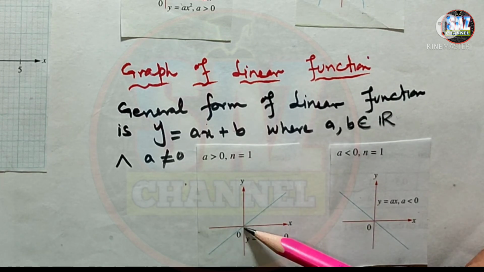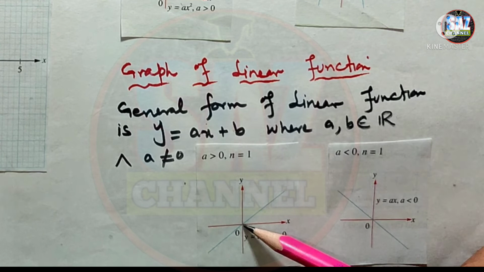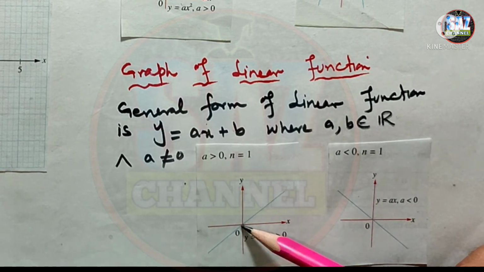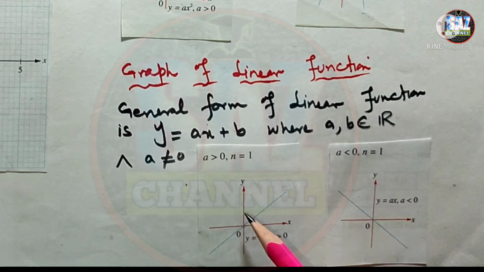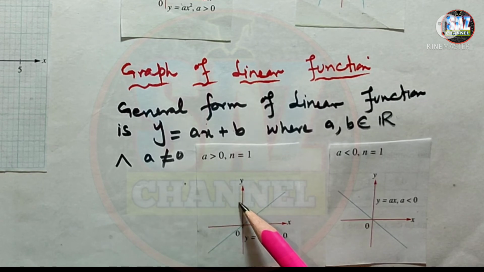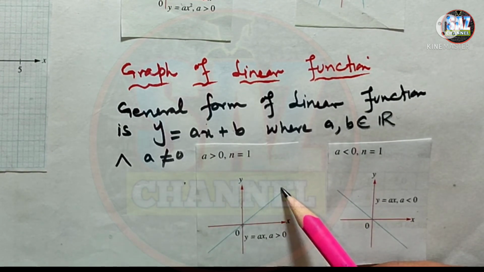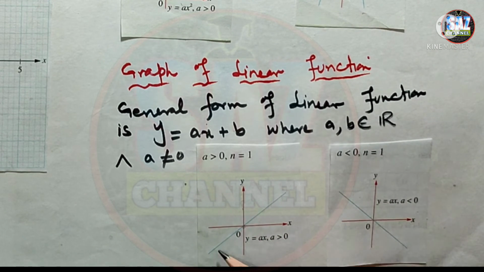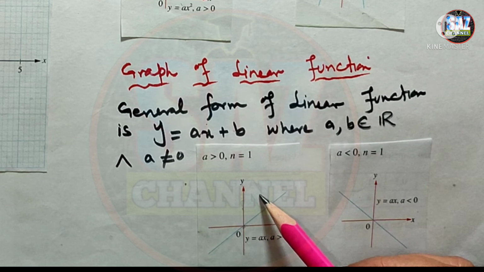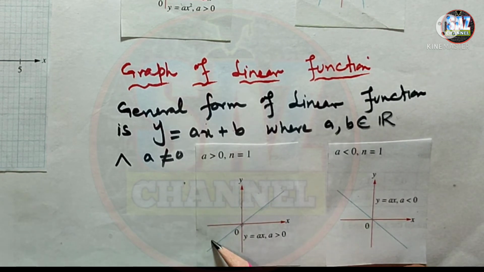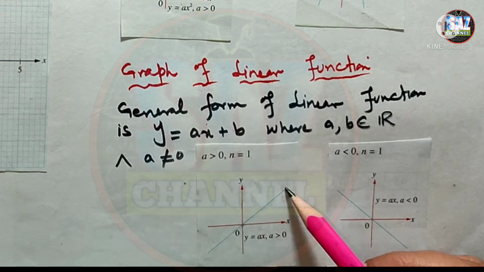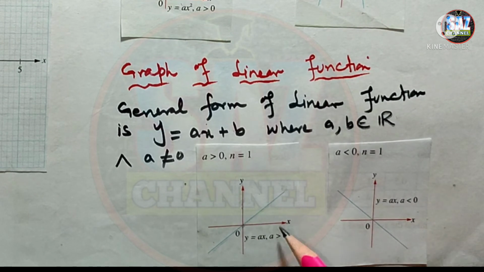Here in this diagram, your line is passing through the origin, and as the line is passing through the origin, this graph is not meeting any point on the y-axis, so it will have no y-intercept, no c. And let's talk about the gradient of such lines which are in the first and third quadrant: they have the rising trend, and their gradient will always be positive.